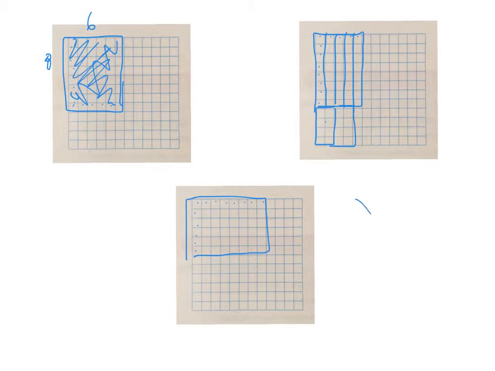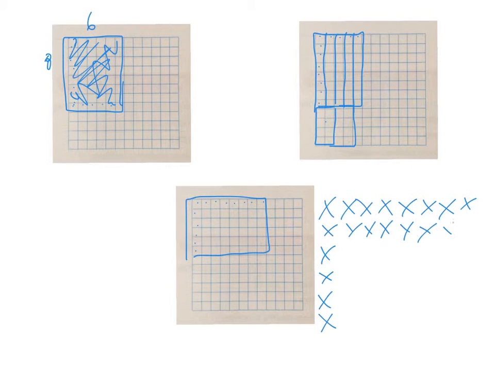So you could have 1, 2, 3, 4, 5, 6, 7, 8, and then make 6 rows of that, right? Or 6 columns, rather, like that. And if I filled this all in, that would be an array, right? Yeah. So just like we know that we can use an array in a diagram to model whole number multiplication, we can also use a diagram and array to help us model decimal multiplication.